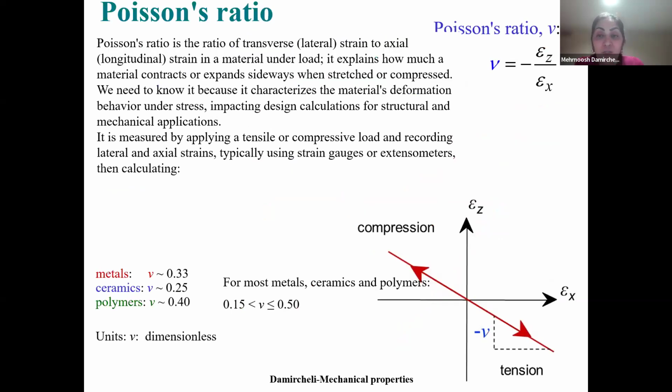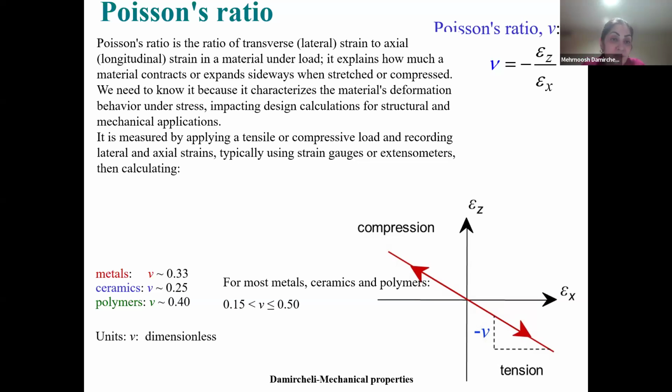What is Poisson's ratio? Poisson's ratio is the ratio of the lateral to axial strain in a material under loading. It characterizes how a material deforms sideways, and it is measured using a strain gauge or extensometer under tension or compression, or in a tensile test.